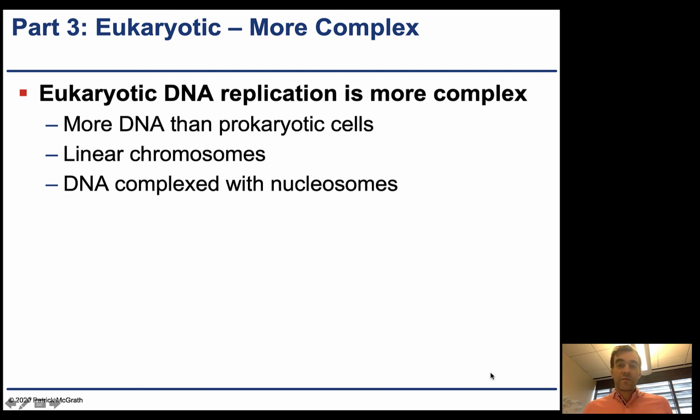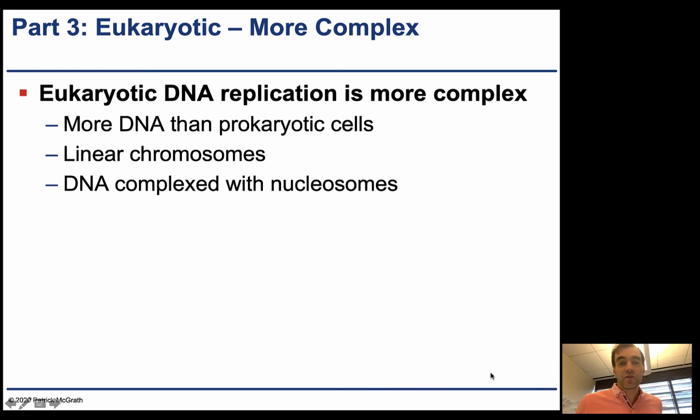And 3 of them that you should remember are: one is that there's way more DNA in eukaryotic cells than prokaryotic cells in general. So we talked before about E. coli bacteria, and that has 4 megabases of DNA. Humans have approximately 2 gigabases of DNA. So it's almost 1,000-fold more DNA that actually has to be replicated. And so that presents a challenge in how you can actually replicate that much DNA in a short period of time.